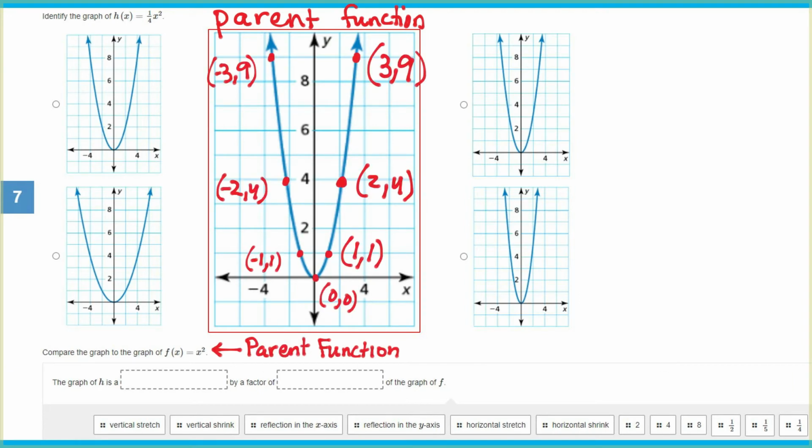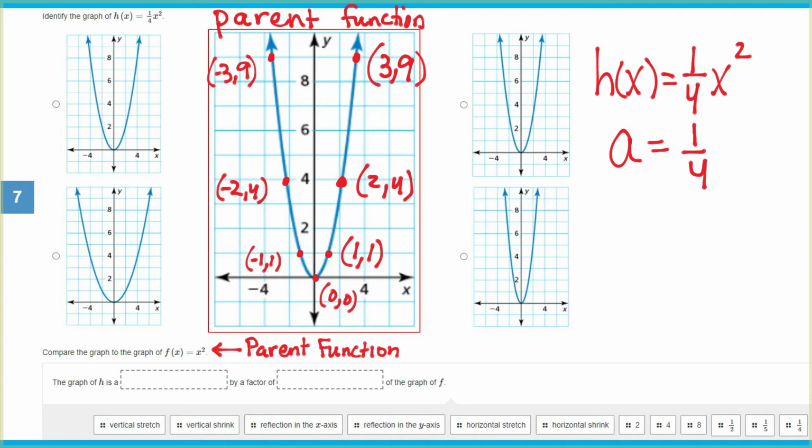This is problem number 7 from the homework. This is to help you do problem number 7, but also it's a good example of numbers 5, 6, 7, and 8. They want us to identify the graph h of x equals 1/4 x squared. When we look at that equation, we can see that our a value is 1/4.